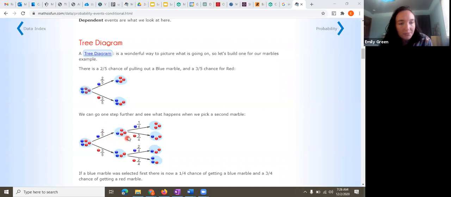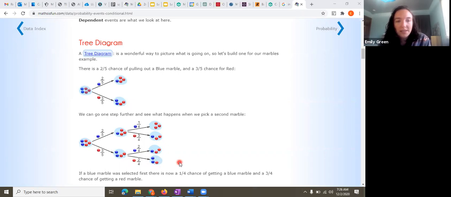So if I picked a blue marble the first time, this is what's left in my bag, 1 blue and 3 red. And so the next time there's a 1 out of 4 chance of getting a blue and a 3 out of 4 chance of getting a red. And for the option where I picked a red the first time, then I have 2 blue and 2 red left. So for the second draw, there's a 2 out of 4 chance of getting a blue marble and a 2 out of 4 chance of getting a red marble.